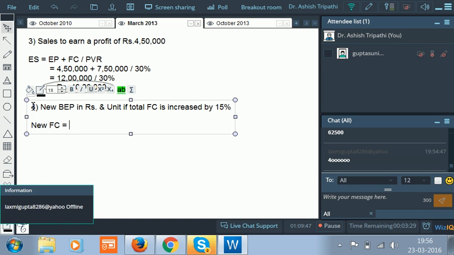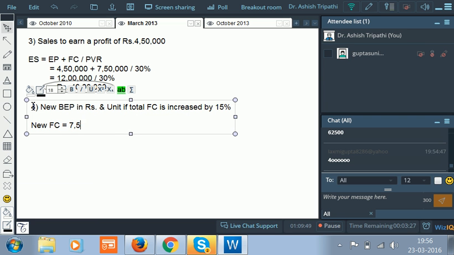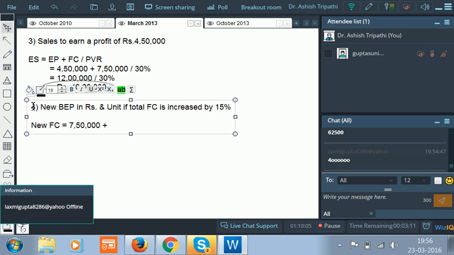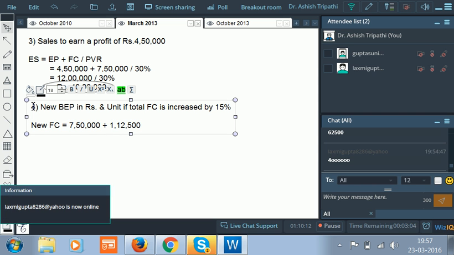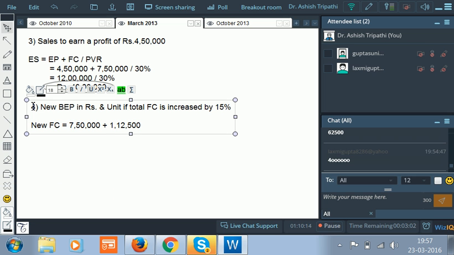New fixed cost is equal to 7,50,000 plus 15% of 7,50,000. 15% of 7,50,000 is 1,12,500.